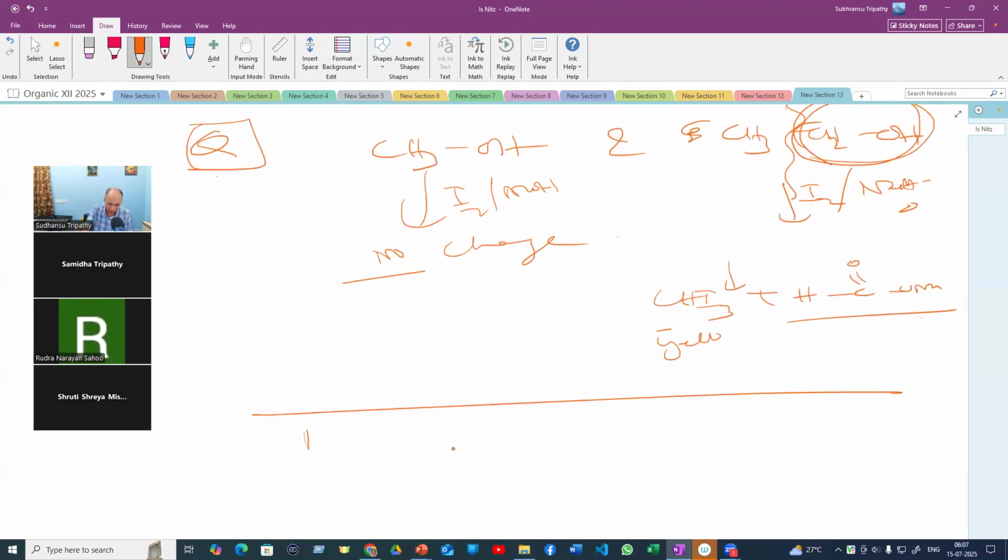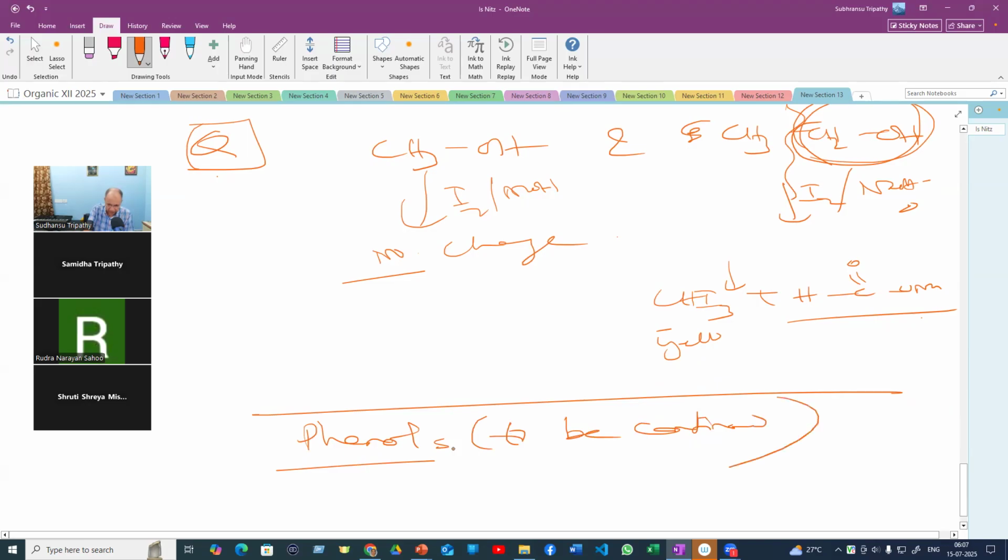So now, the remaining portions of phenols to continue. I have told you an interesting mechanism for how you can predict the products. The cumene phenol process is just one process of manufacture of phenol from cumene. Then cumene hydroperoxide is made by reacting with oxygen in air with slight warming.